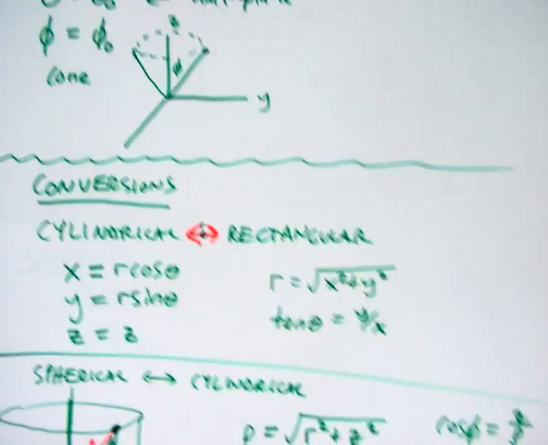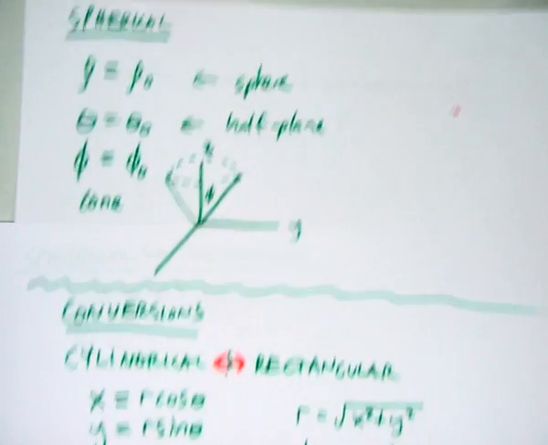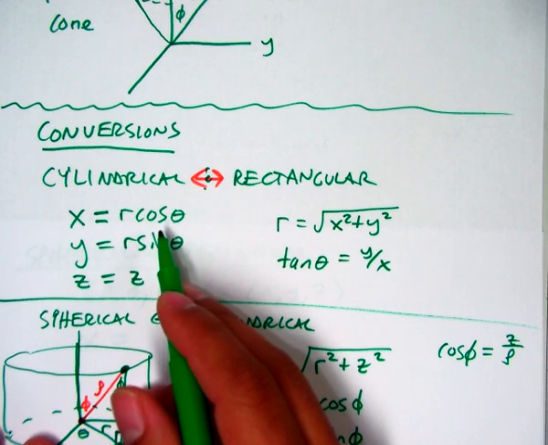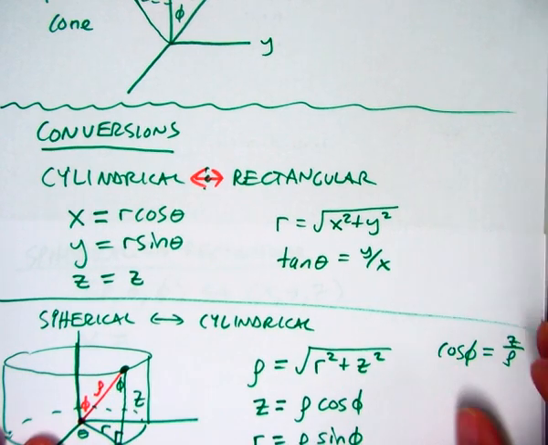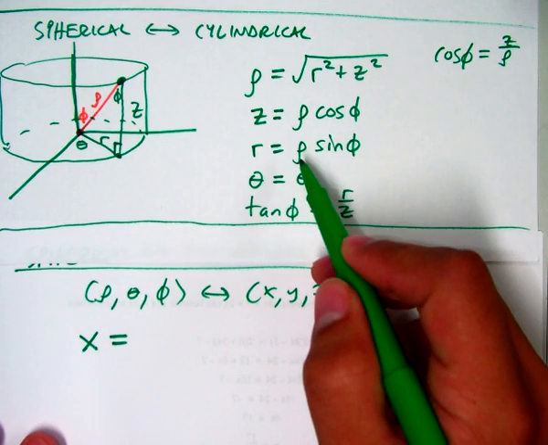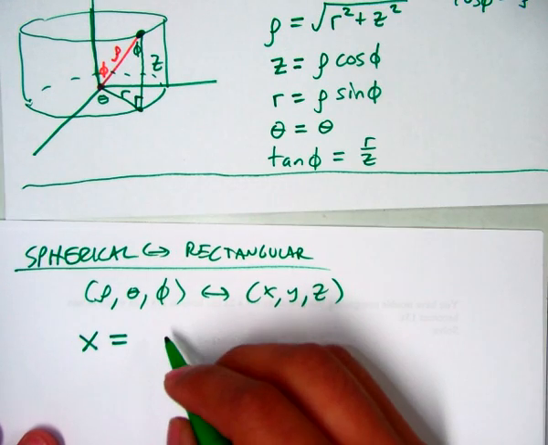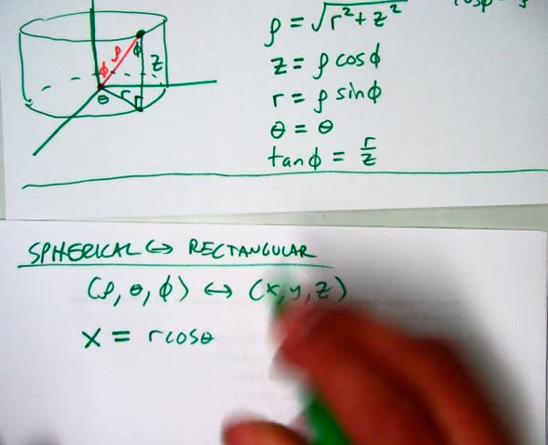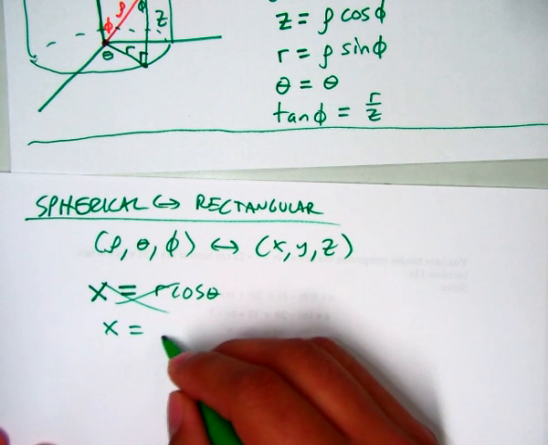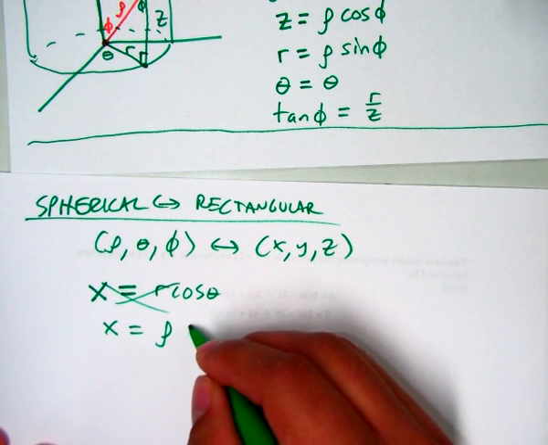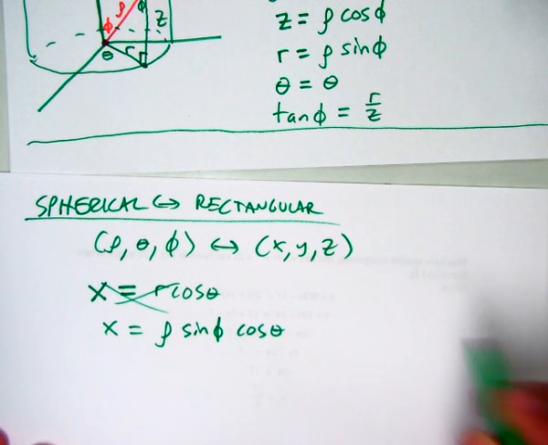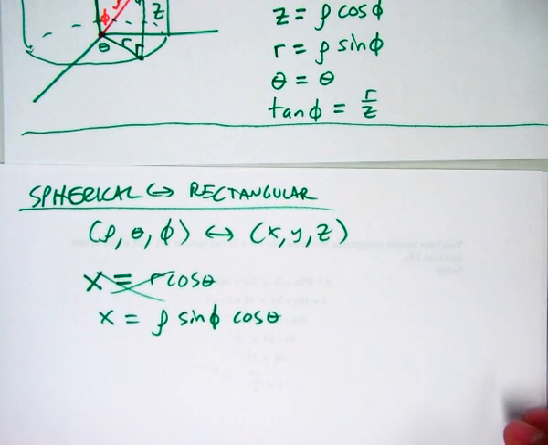So what is x? There it is. x is r cosine theta, right? But we also know that r in spherical is rho sine phi. So instead of r cosine theta, we're going to say x equals rho sine phi cosine theta. All we're doing is substituting in r from the previous set of equations.